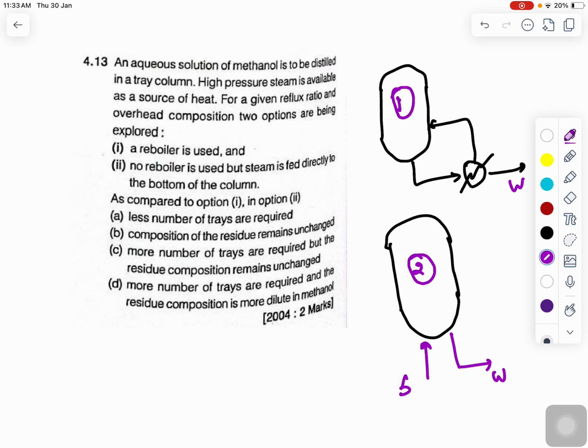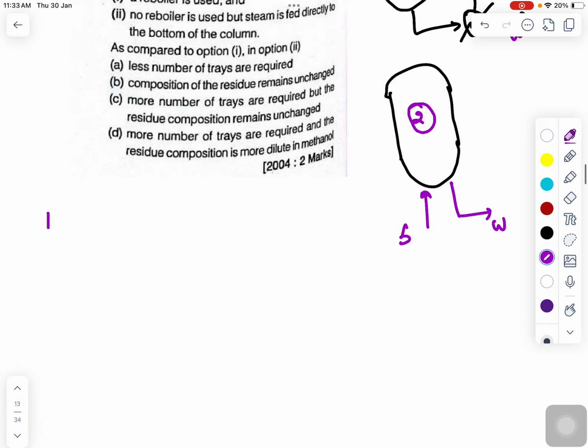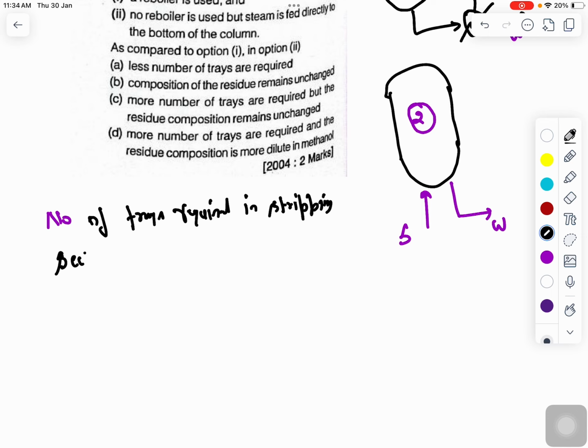Obviously when open steam is used, the number of trays required in the stripping section decreases.